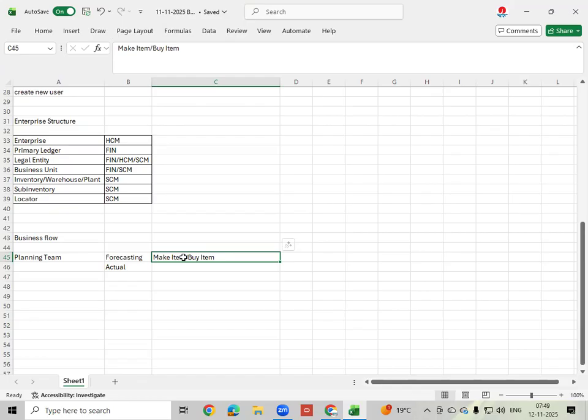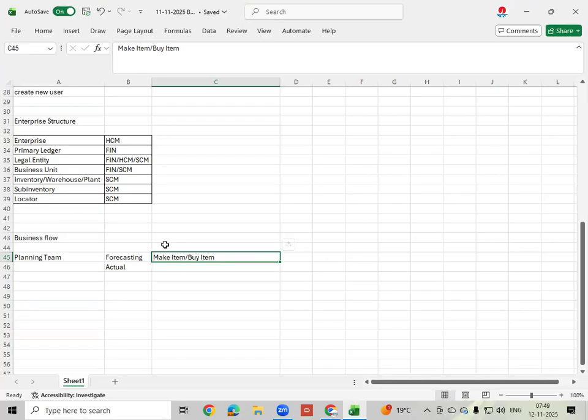But we must regularly do these forecasting demand calculations. Based on the make items' forecasting demand, the system will automatically identify how much raw material and spares we should purchase. Those are the buy items.